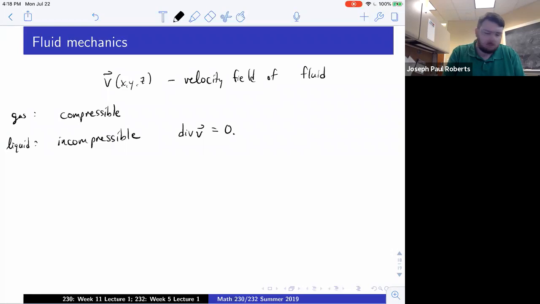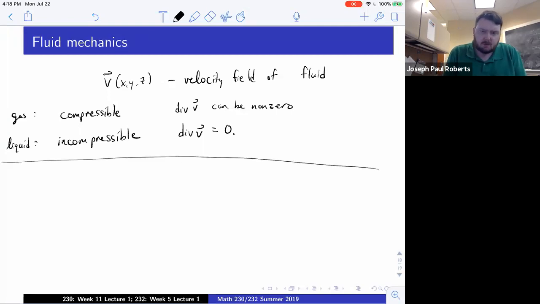Whereas for compressible fluid mechanics, so for gas equations, you are allowed to have expansion and contraction of gas, and so you can have non-zero divergence.